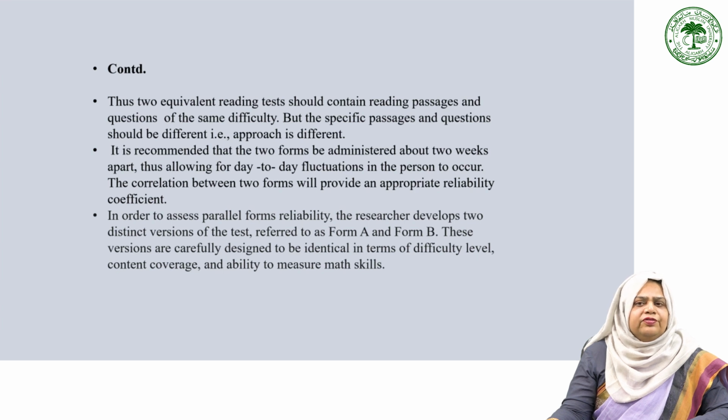By having two different forms of the test, it allows for a more comprehensive assessment of the skills of the students. This approach ensures that the test is not biased towards specific topics or question types, as both forms cover the same content.